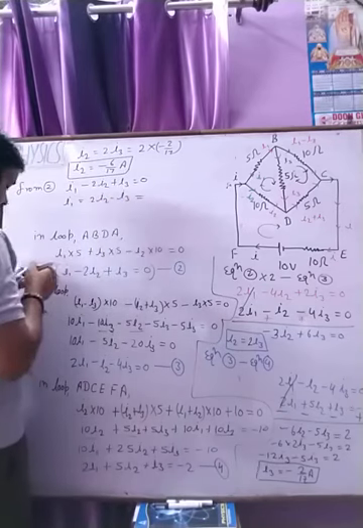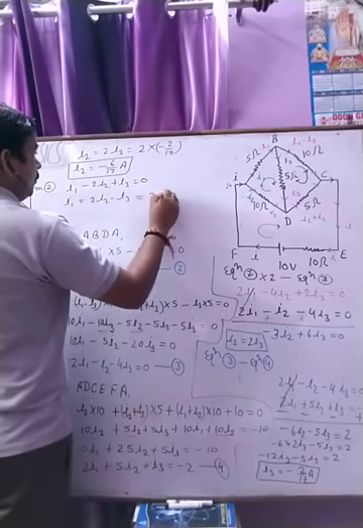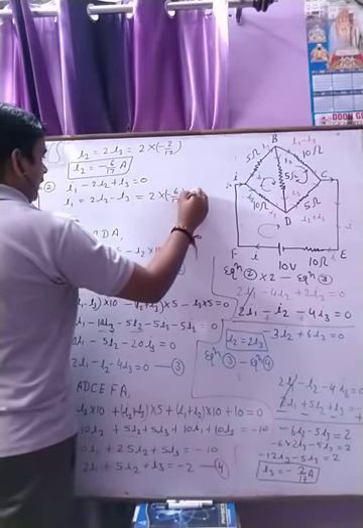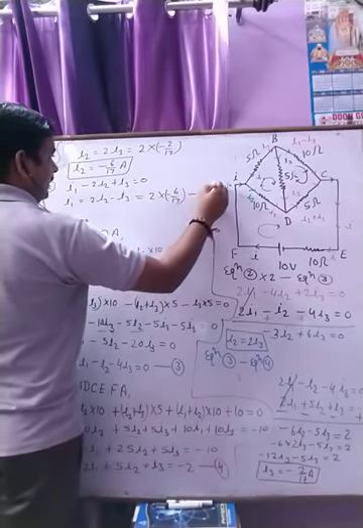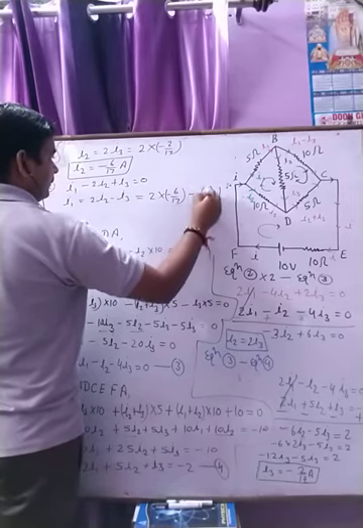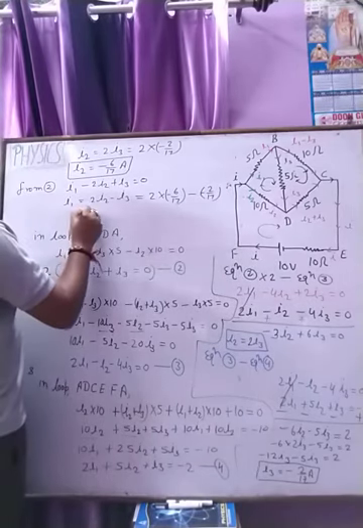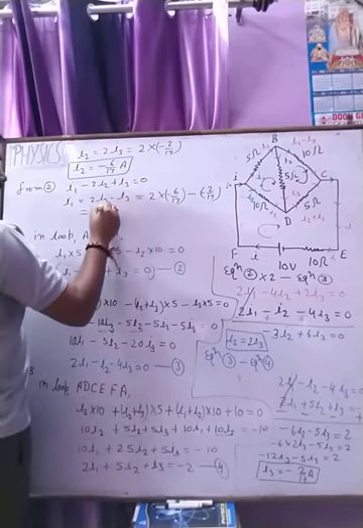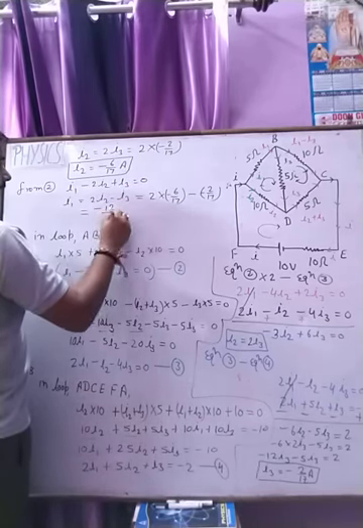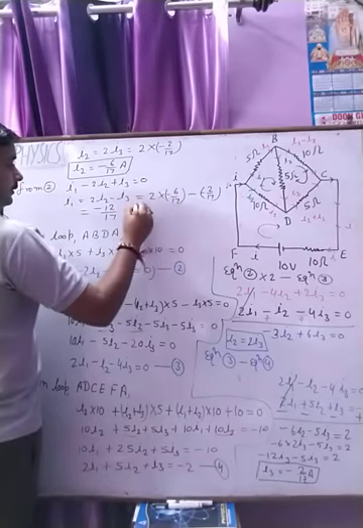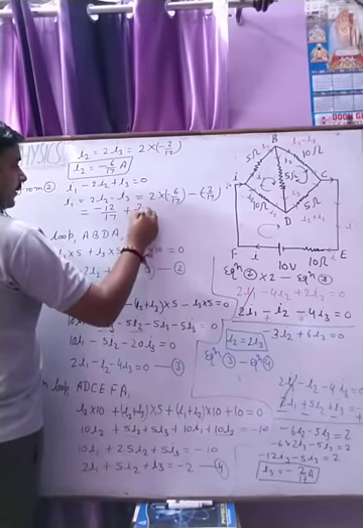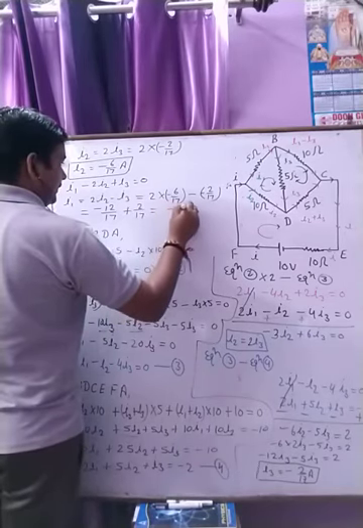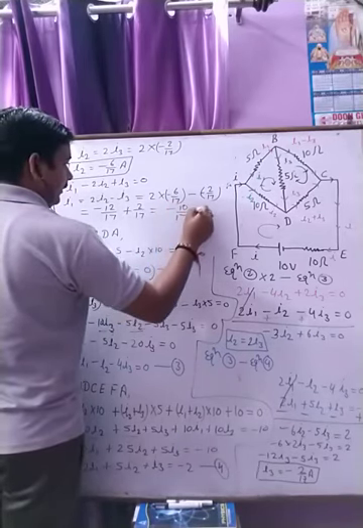This we have 2 into minus 6 by 17 and minus 2 by 17. This is minus 12 by 17 plus 2 by 17. On solving we get minus 10 by 17 ampere.